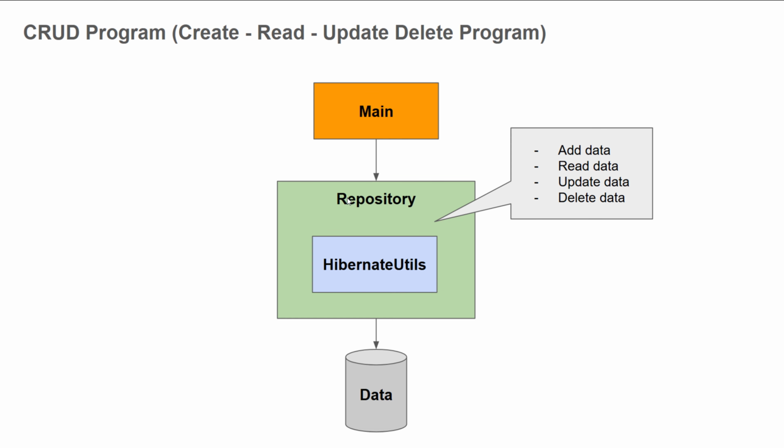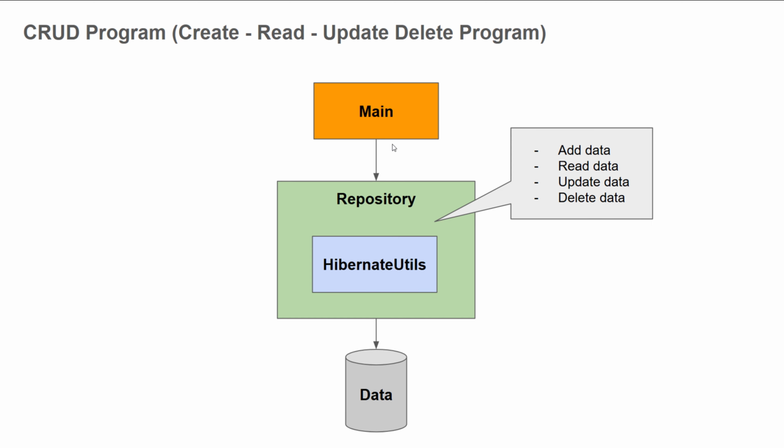In this repository, we have some functions like add the data, read the data, update and delete the data, so that in the main class, we can use those functions to read the data and show them on the console.